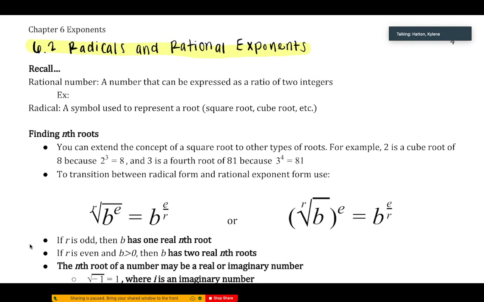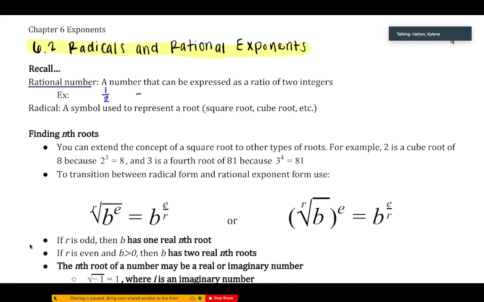But just remember, you might have learned what a rational number is before. It's just any number that can be written as a ratio of two integers. You don't need to write this part down. A rational number in this section is pretty much just referring to a fraction. Like 1/2 is written as a ratio of two integers, 1 to 2.